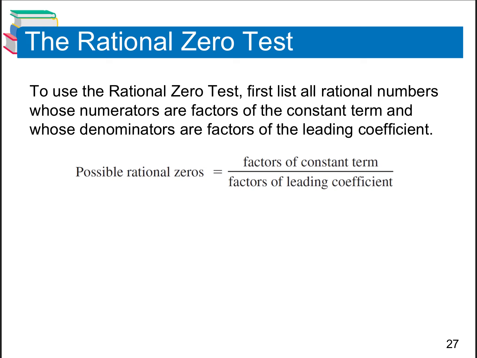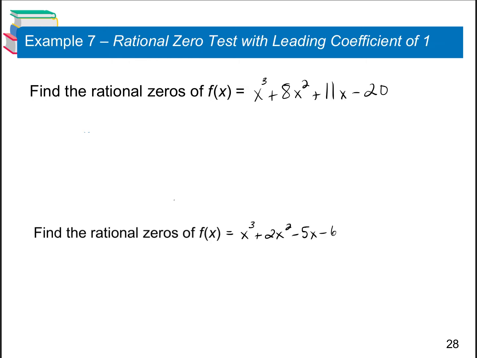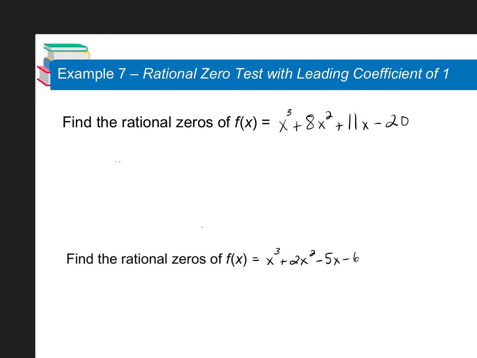So the rational zeros test is you take the factors of the constant term and divide it by the factors of the leading coefficient. Like I said, for our class, this is always going to be 1. So we're always just going to be using factors of the constant. If you have a question that says find the rational zeros, the first thing you should try is to factor. And if something factors, perfect.